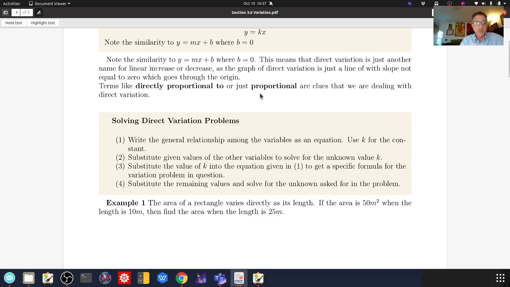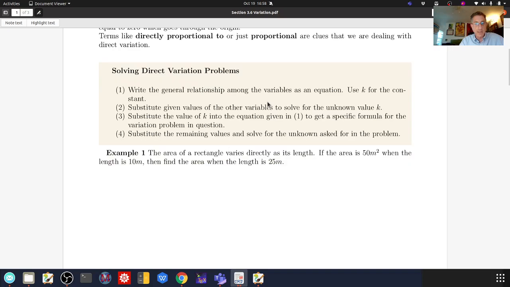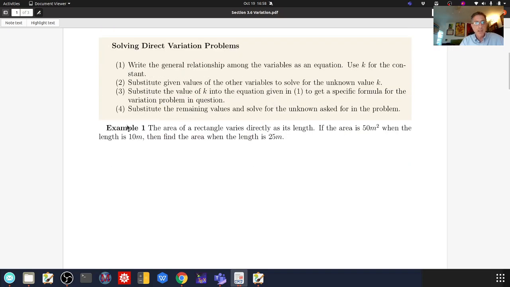Those are clues that tell you that we're dealing with direct variation. So literally the type of variation is gleaned from carefully reading the problem. So the first thing we do, really the only thing that we have to find out, is what the constant of variation is in each case.